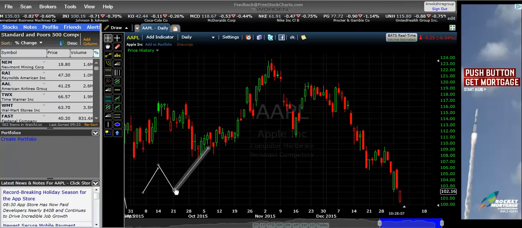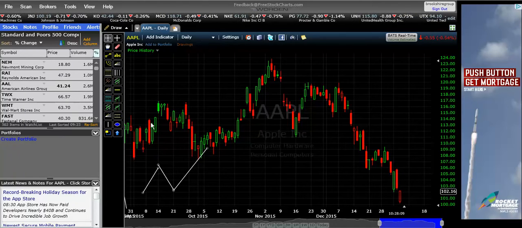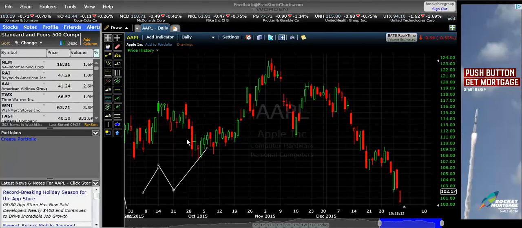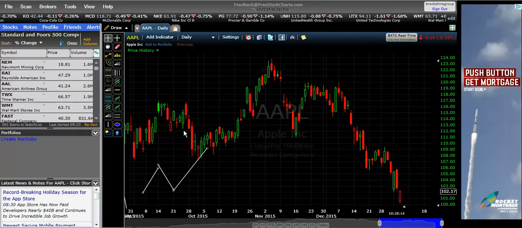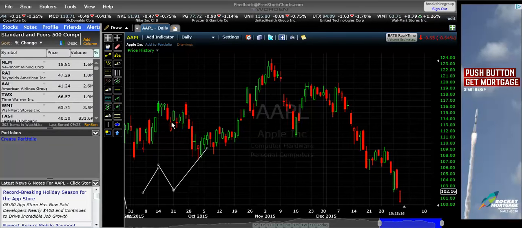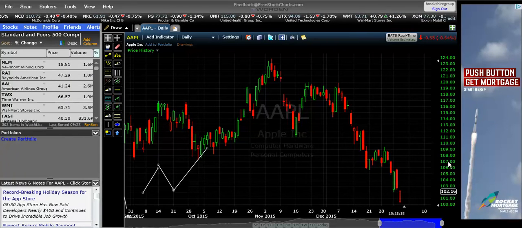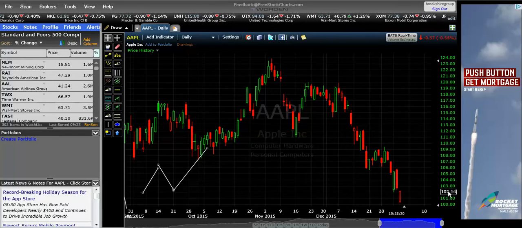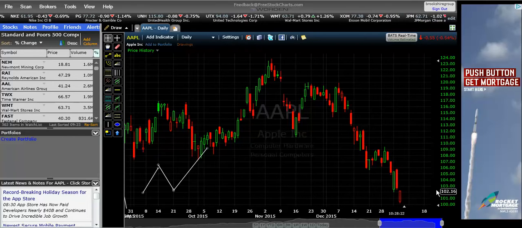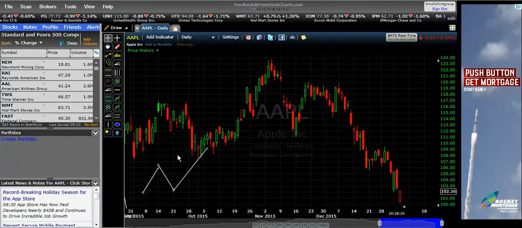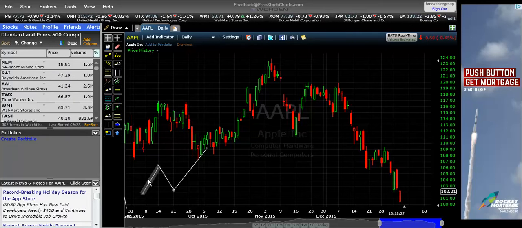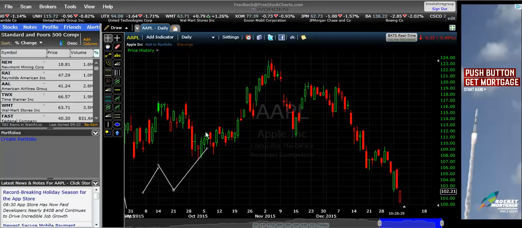These are candlesticks, which I'll explain in more detail in another video, but this is essentially the price. The price is over here, 107, 108. Currently today it's 102, so $102 a share for Apple stock. When the market is in an uptrend, the price goes up, down, and takes off again.